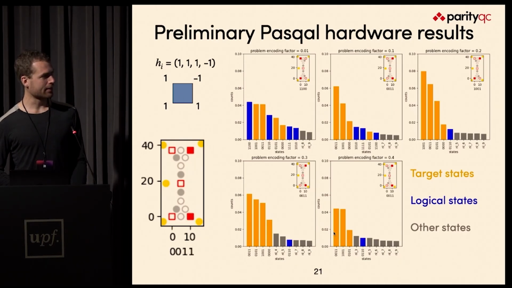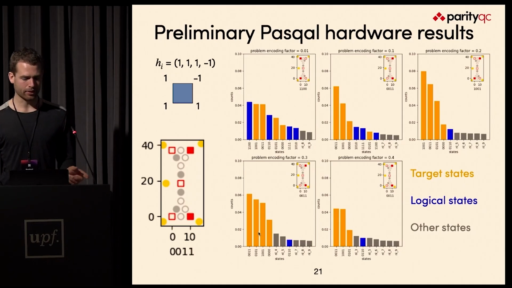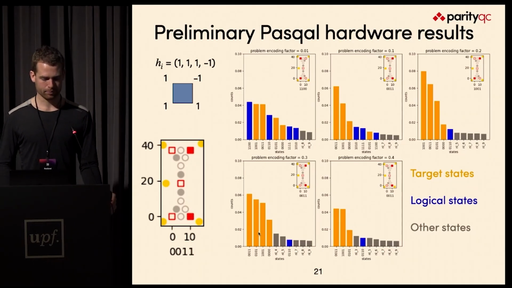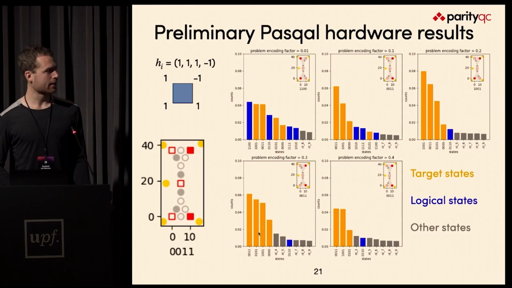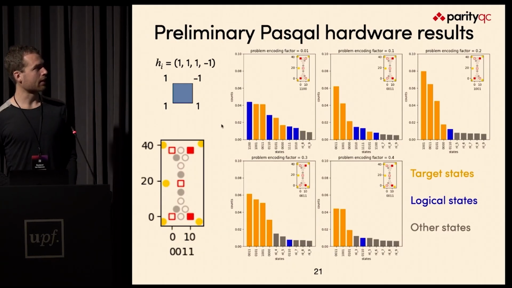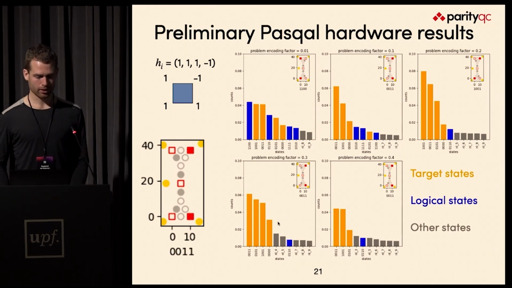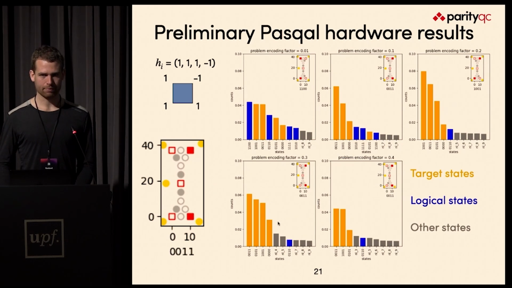And then if you make the problem encoding factor even higher, then it again becomes worse. So there's this sweet spot, the problem encoding factor where it works the best. So this is a small example of how to implement a single plaquette with the 4 ground states showing up as the most likely outcomes.